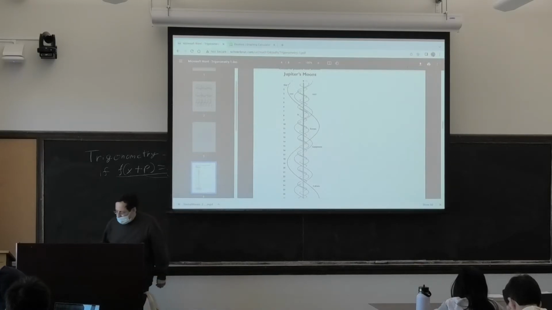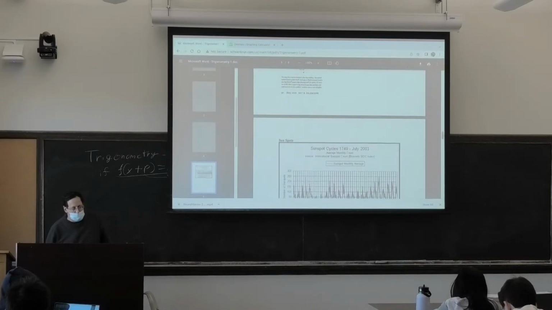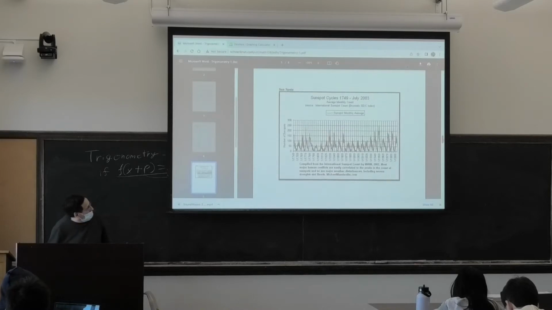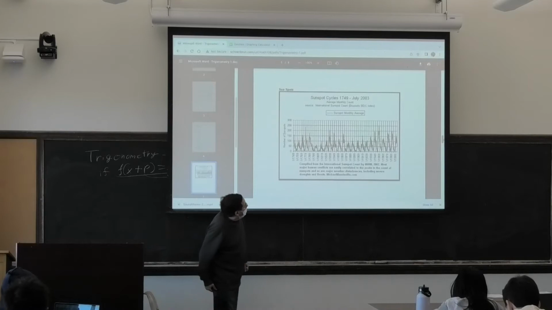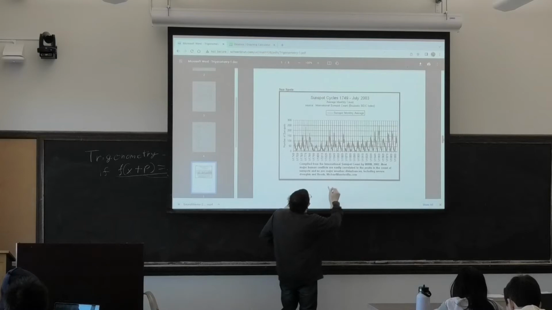So periodic functions are part of the natural world, and we're gonna study them a little bit. Sunspots. Well, most people can't really see sunspots without a proper telescope and filter. You can see two periods here.